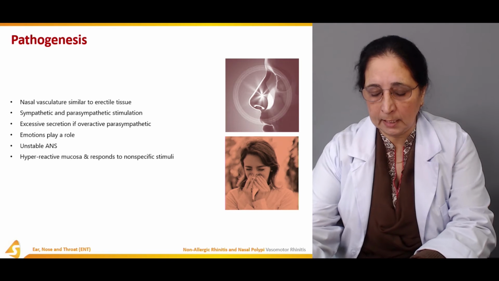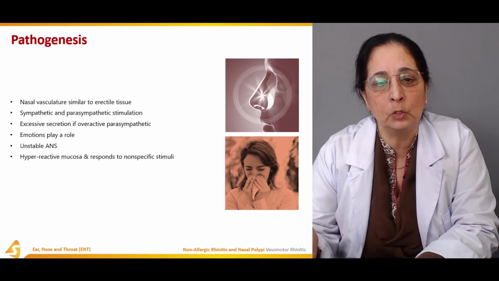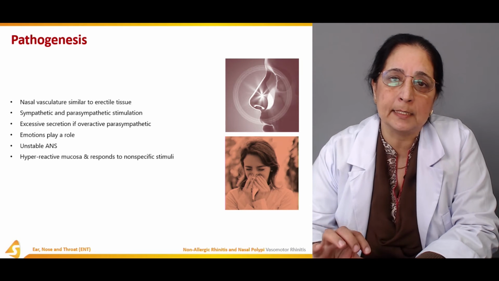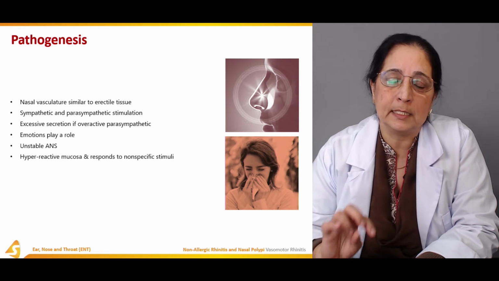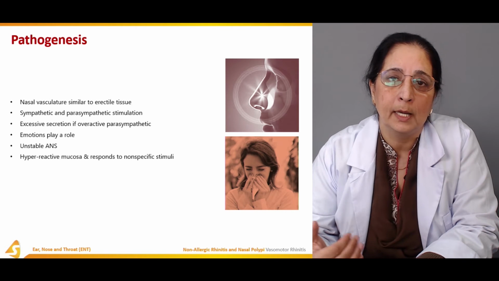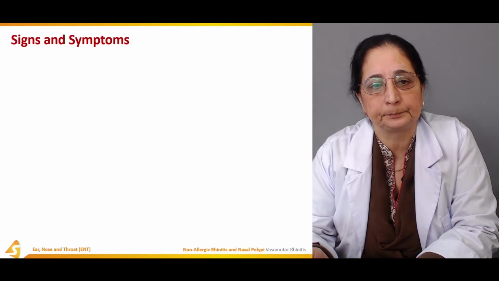So these are the steps in the pathogenesis of vasomotor rhinitis, where the sympathetic and parasympathetic nervous system along with the emotions play an important role in its development.